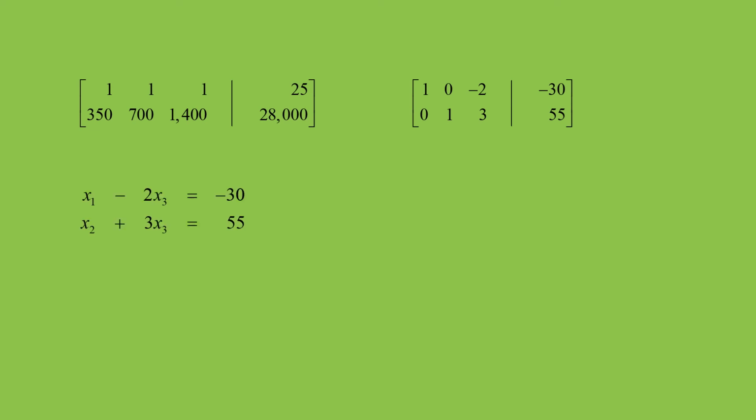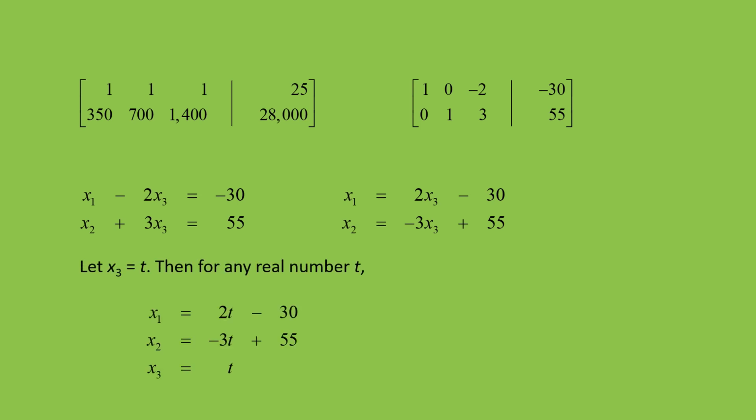So you get x1 minus 2x3 equal to negative 30 and x2 plus 3x3 equal to 55. We have 3 unknowns and we have only 2 equations here. So by treating x3 as some variable t, you can find the values for x1, x2 in terms of t. So you have an infinite number of solutions to this.